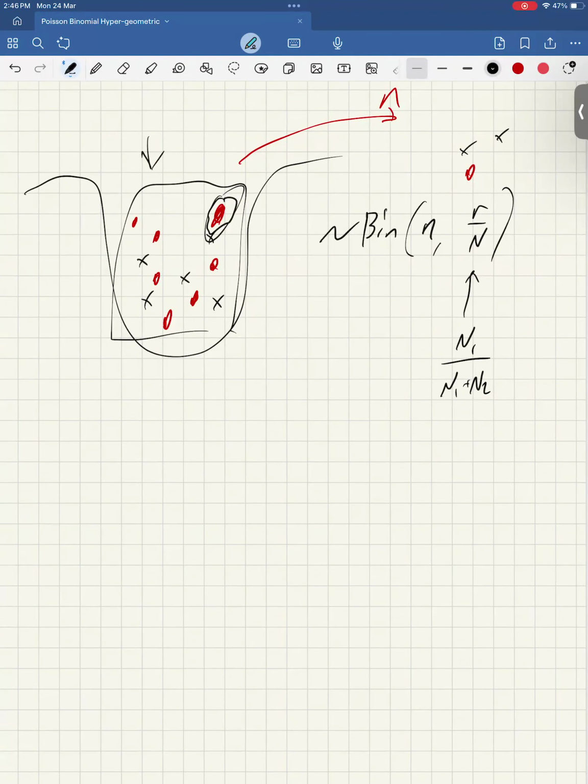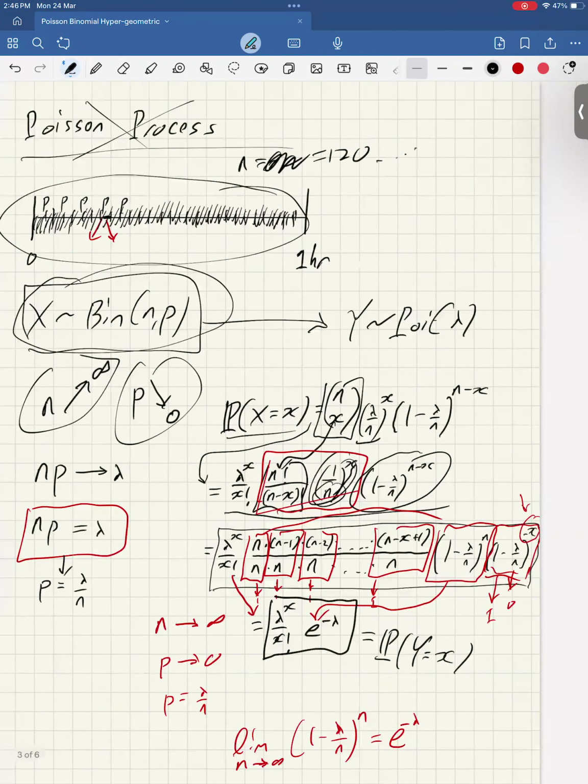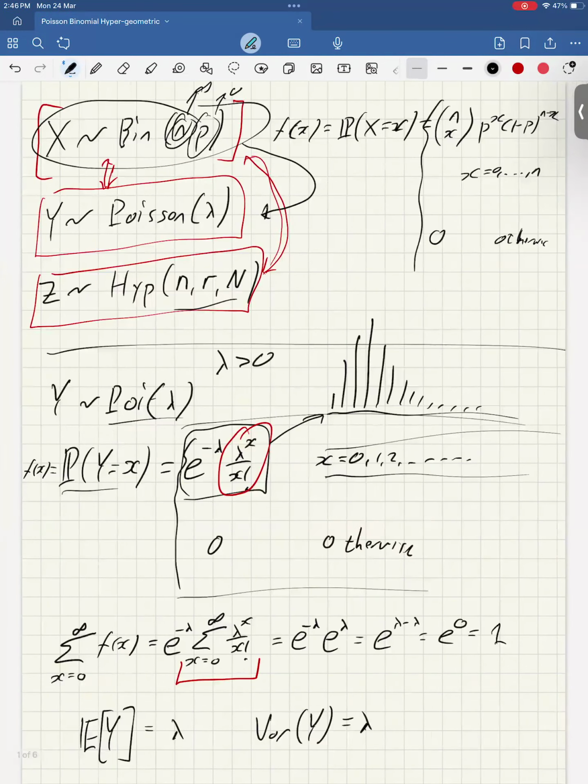Okay. So what you have out here has now changed what you have inside. However, think about N1 plus N2, or capital N, and the population size growing. Say you now had like 100,000 apples here and you're sampling 20. Does it matter if you put them back in every time you sample them or not? No, not really. And this is where the relationship between the hypergeometric and the binomial kicks in.